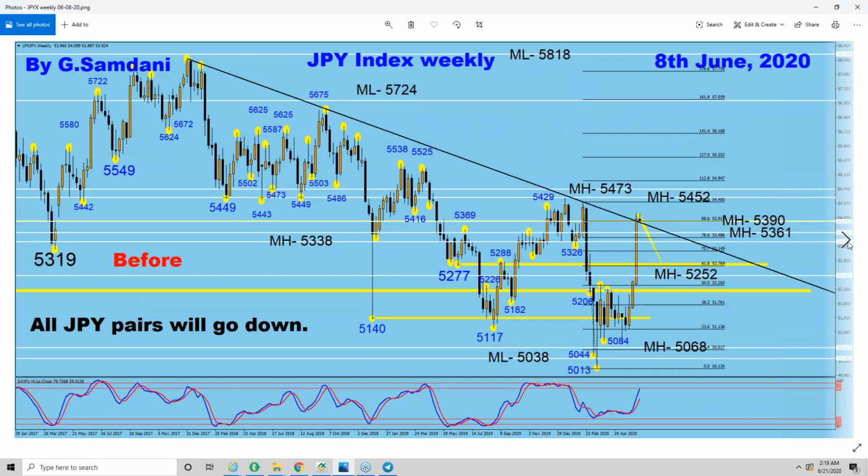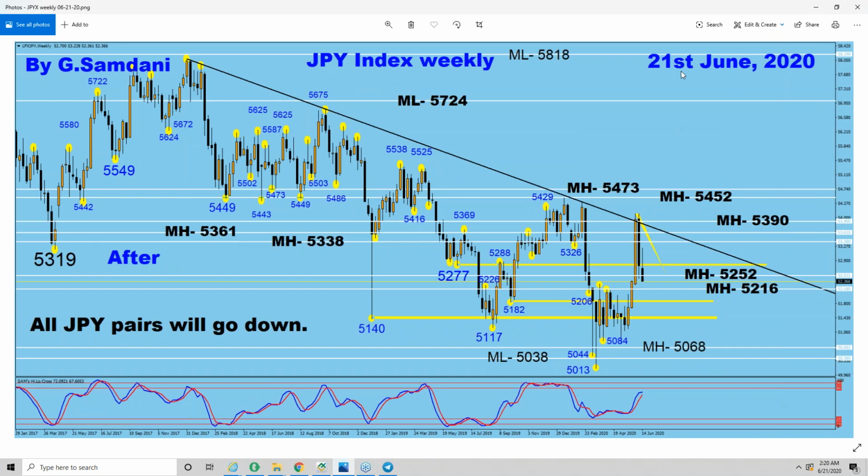Second chart, yen. I was taking all yen because of this yen. Yen was getting strong, and all yen pairs will go down. That's what I said here on the 8th. You can go and check on your yen pairs, all of them. They all went down. I mean, everything, all yen pairs. Why? Because this chart from here, look, as of the 21st, it is here, straight down all the way.